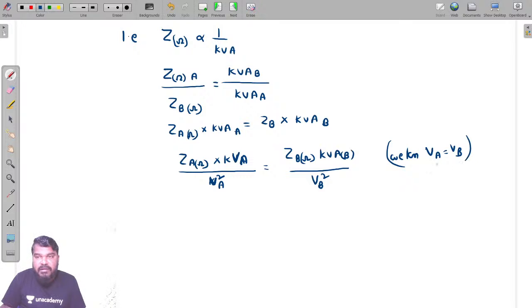What is the reason? The voltage ratings of the two transformers are equal. That is a necessary condition.